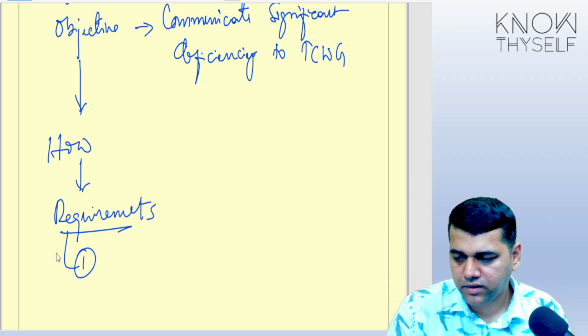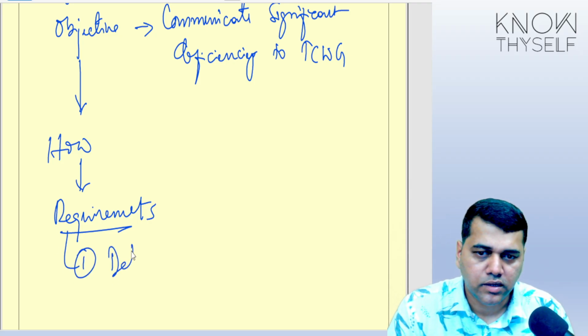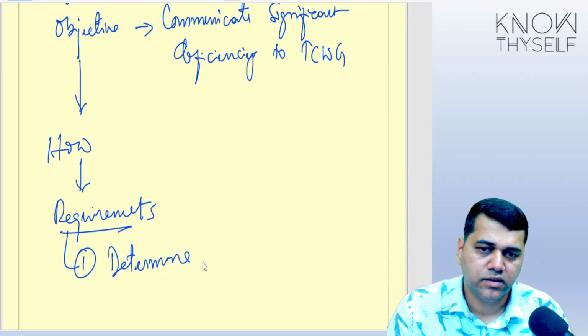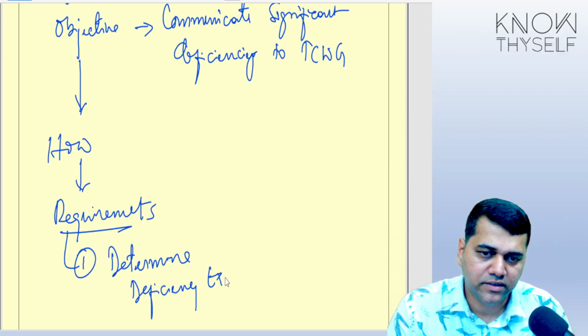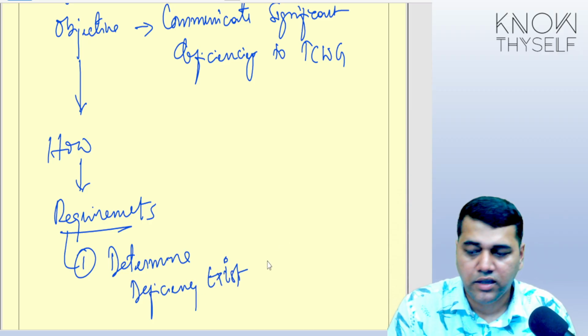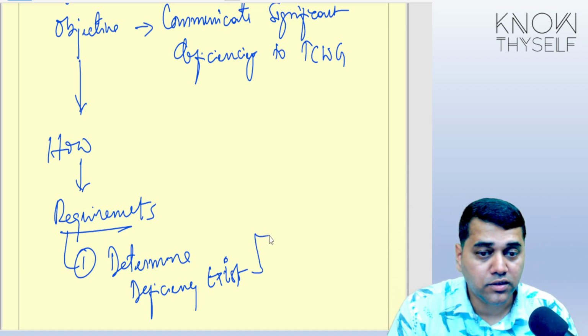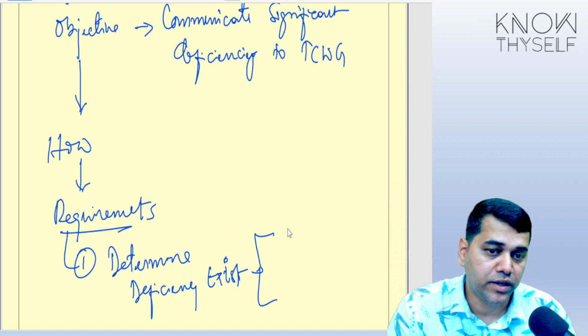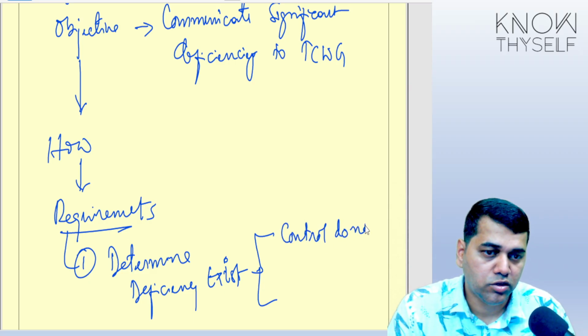One, determine whether deficiency exists. From the Q&A we understood that there are 2 things. When controls do not exist, that is a deficiency.